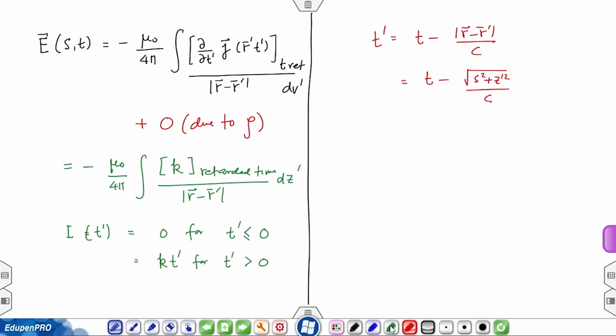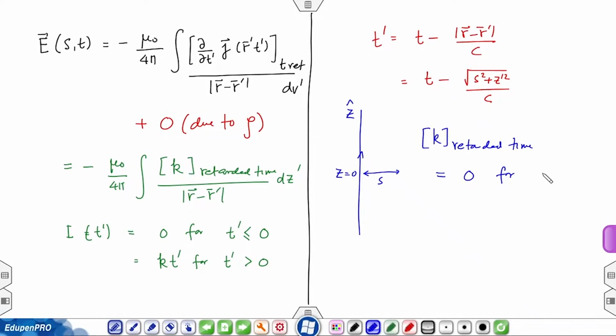Let me just remind you what we are doing. Here is the wire on which the current is going. s is the perpendicular distance from it, and we may as well calculate this whole thing at z equals 0, because there is no dependence on z, and this direction is z. Therefore, this k retarded time means this is equal to 0 for t prime less than or equal to 0.